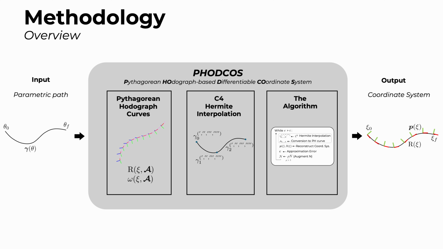And third, we put both the PH curves and the C4 Hermite interpolation together within an iterative algorithm that contains convergence guarantees, as mentioned in the previous slide.